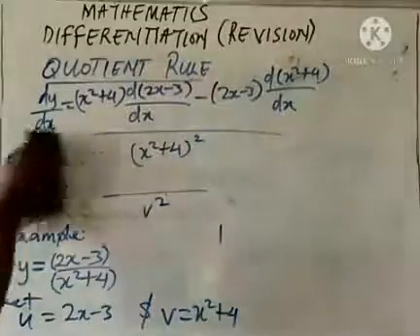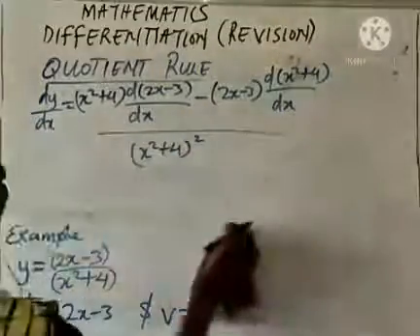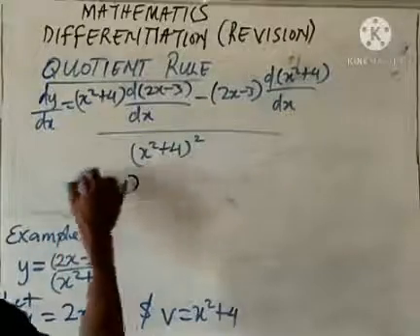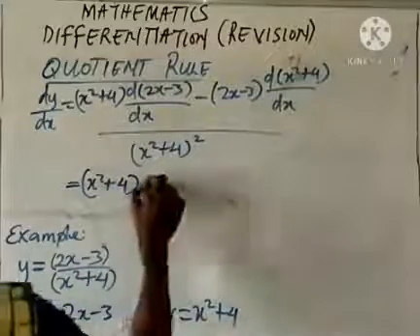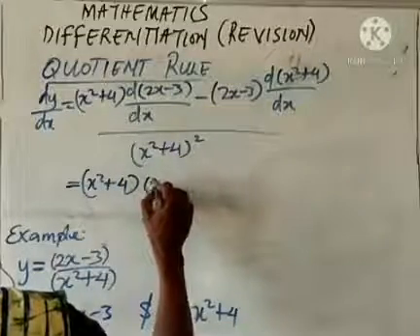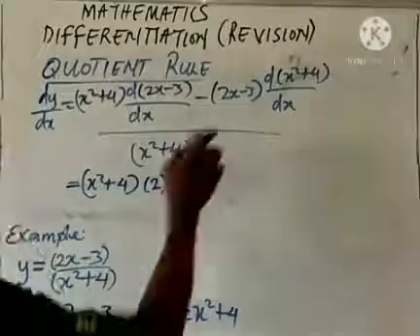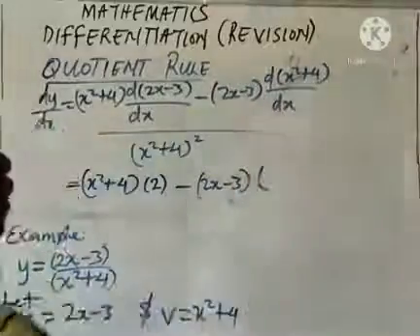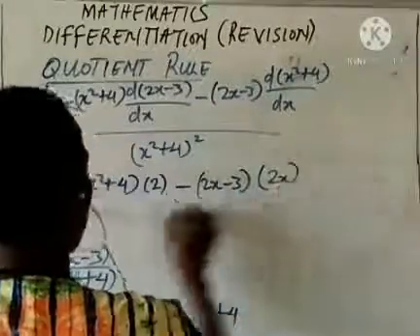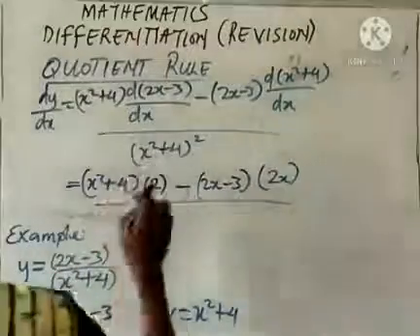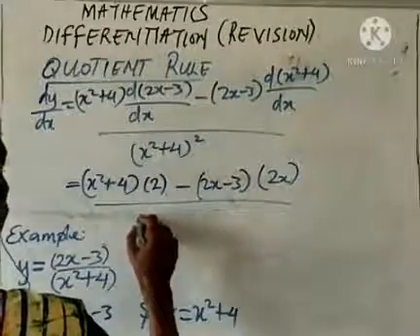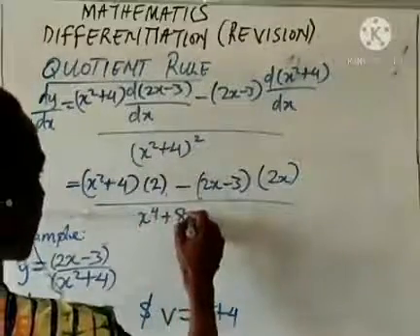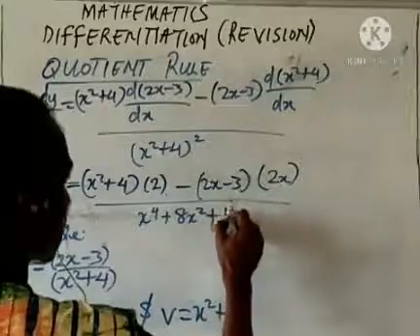So in that case, from the example, I have x squared plus 4. If I differentiate 2x minus 3, I'll have 2, minus 2x minus 3 multiplied by the differentiation of x squared plus 4, which is 2x. All of this is divided by the expansion of the denominator, which will give me x raised to power 4 plus 8x squared plus 16.